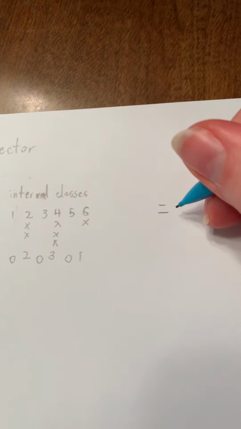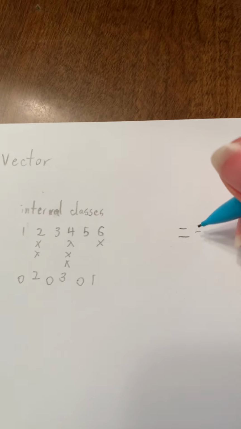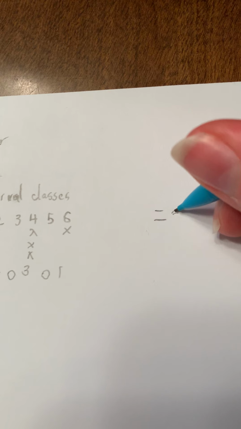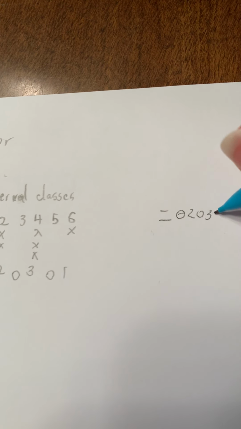So I'll write this over here. My answer for the interval class vector is, sorry, it's hard to write like this, 0, 2, 0, 3, 0, 1. So 0, 2, 0, 3, 0, 1, and there you go.